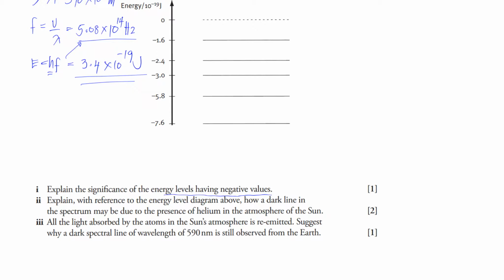I'll write the answer here. So what is the significance? Electrons have zero potential energy at infinity.